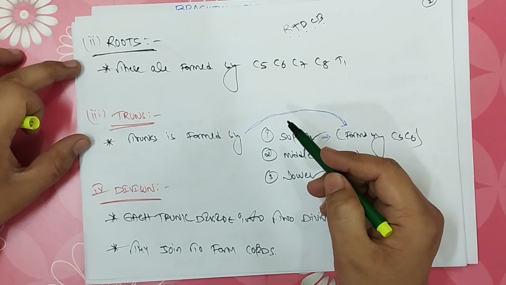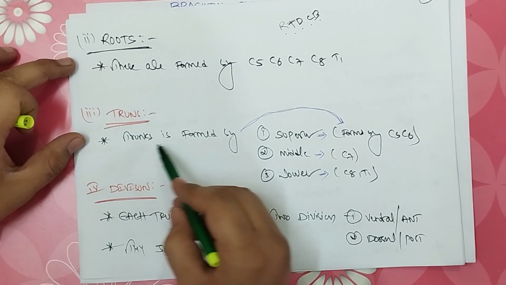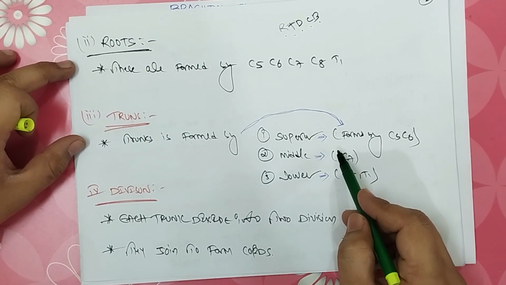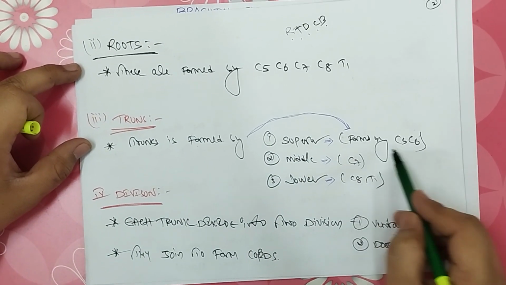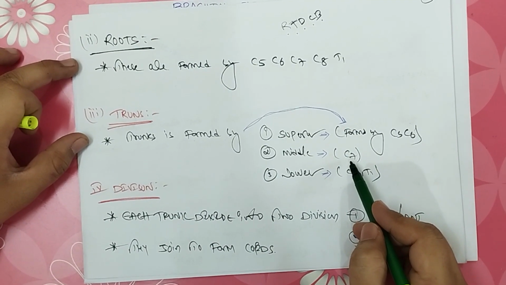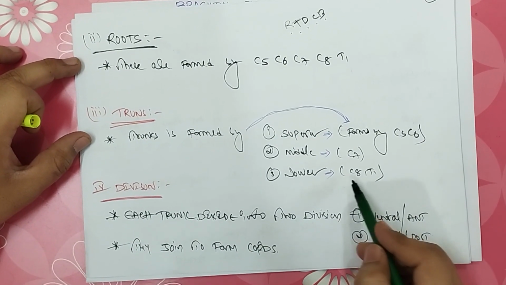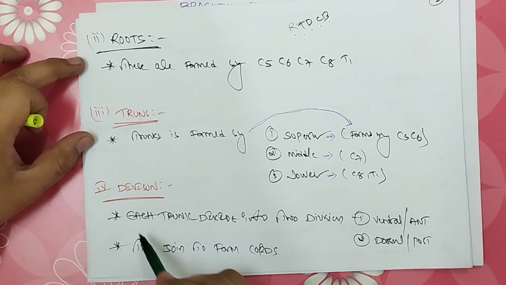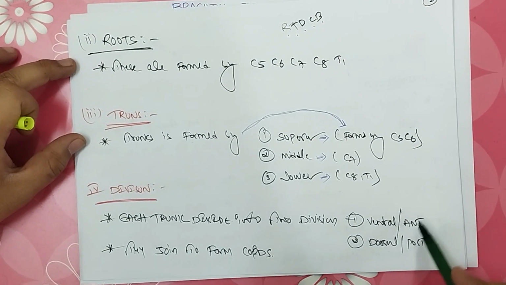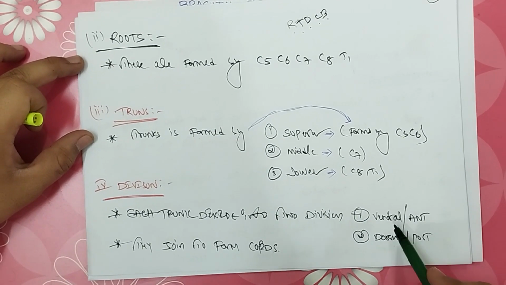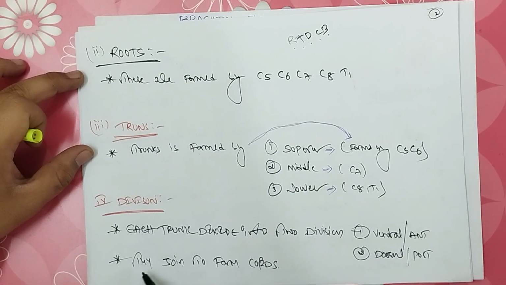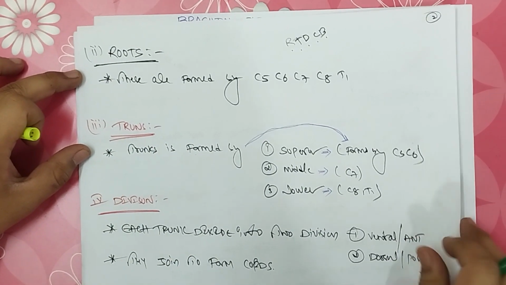Trunks: the superior trunk is formed by C5 and C6, the middle trunk by C7 alone, and the lower trunk by C8 and T1. Divisions: each trunk divides into two divisions, anterior or posterior, also called ventral or dorsal divisions. Divisions join to form the cords.